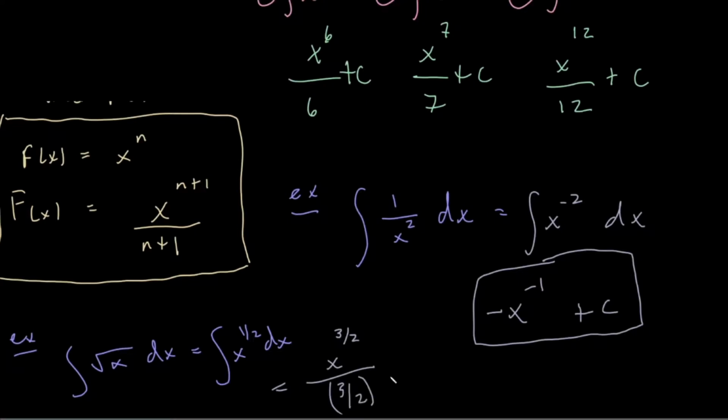And so if I divide by 3/2, and this is plus c by the way, that's the same thing as multiplying by 2/3. Here's our second answer here.